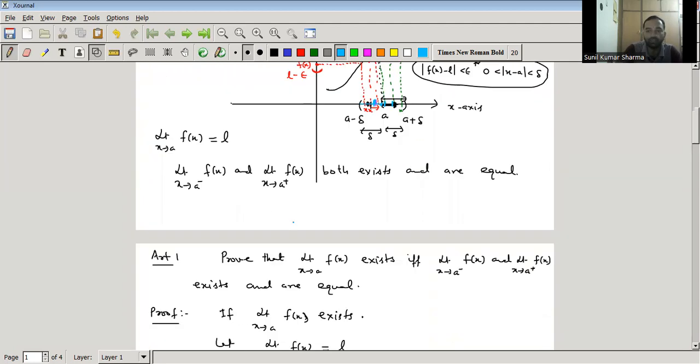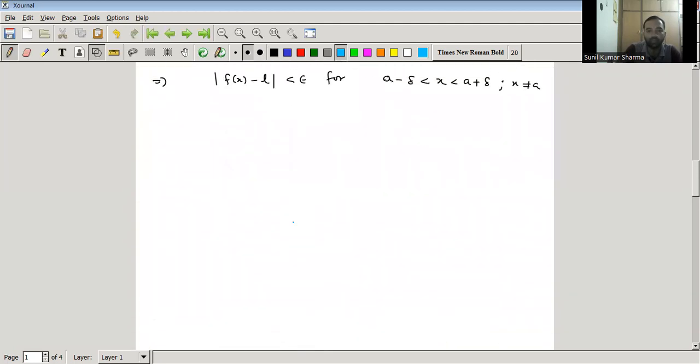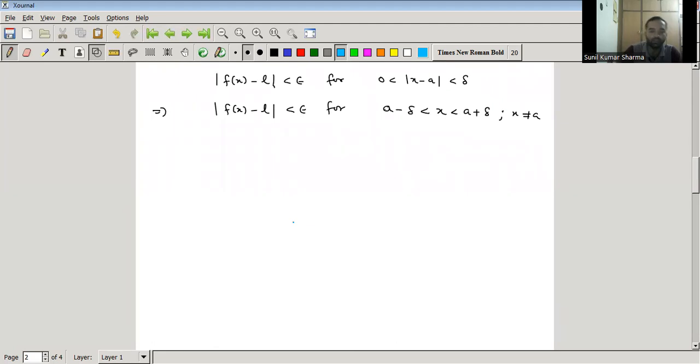So whether we take x to the left of a, it is satisfied that mod f(x) minus L is less than epsilon. If I take the point to the right of a, then again it is less than epsilon. So we can separate this.